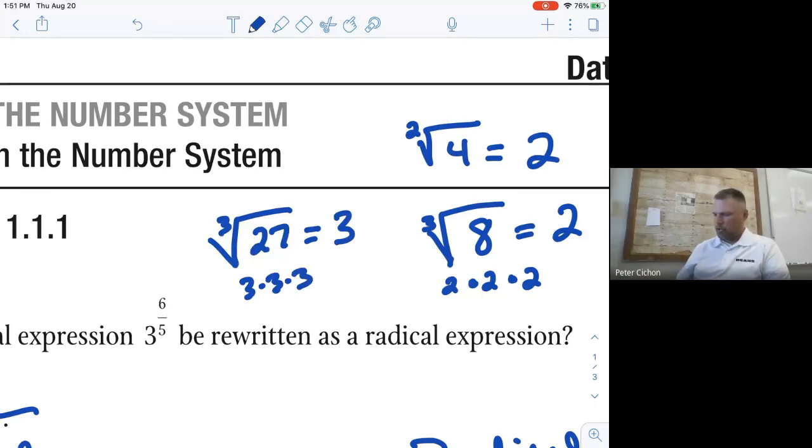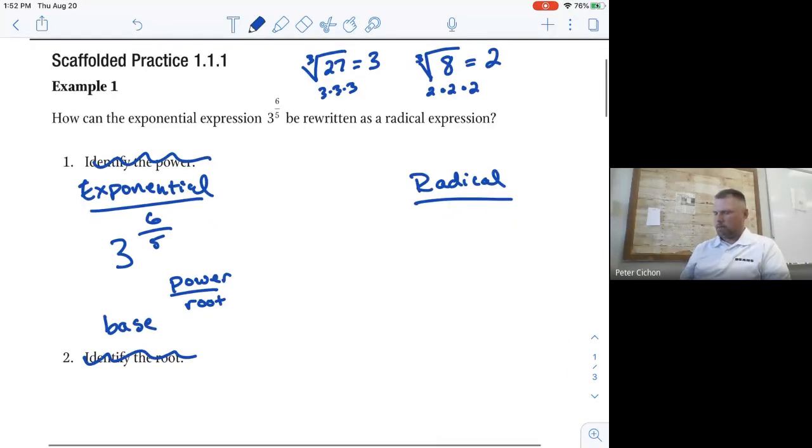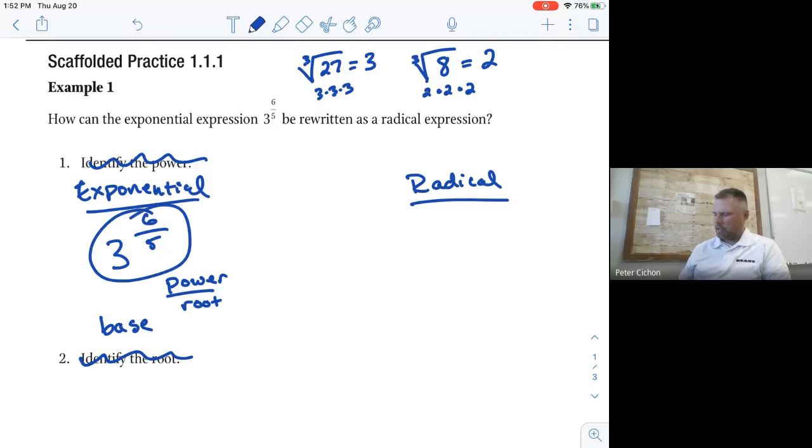You know what an exponent is. An exponent's a power. So this exponential can be written as a radical. The base goes there. The root goes here, like the square root or the third root. So that's 5.